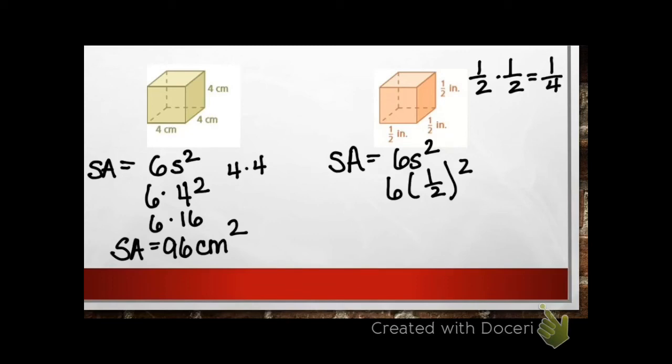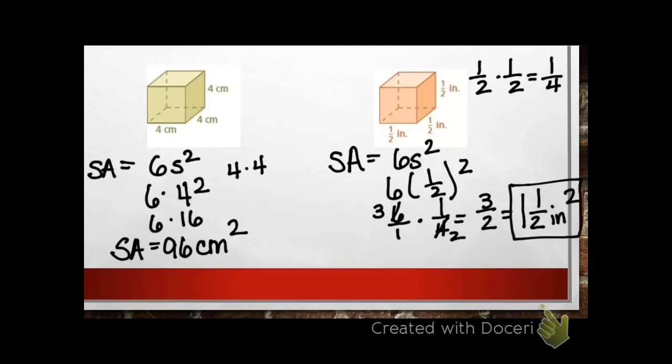That's correct. So I'm going to say 6 over 1, times 1/4. You can cancel out, and you can say 2 can go in there 2 times, 2 can go in here 3, and you'll get 3 over 2, which is reduced to 1.5 inches squared. So your surface area is 1.5 inches squared. Working with a cube is really easy.